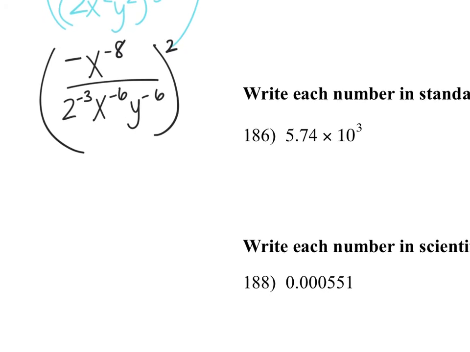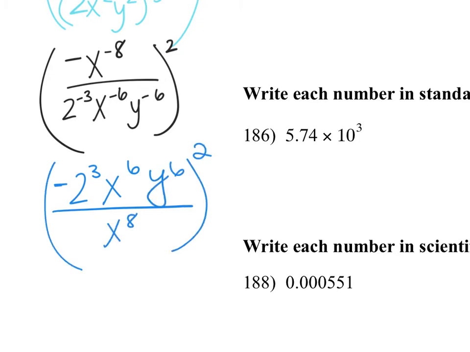So I have a negative and negative. I'm going to move things around. So if it's negative, it goes on top. So I get 2 to the third, x to the 6th, y to the 6th over x to the 8th, all to the second power.